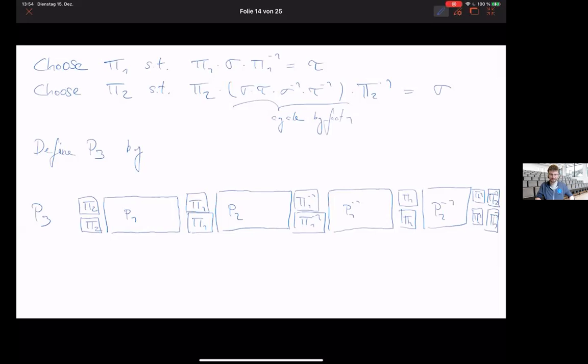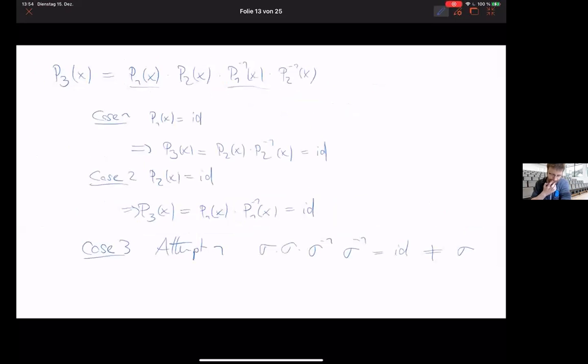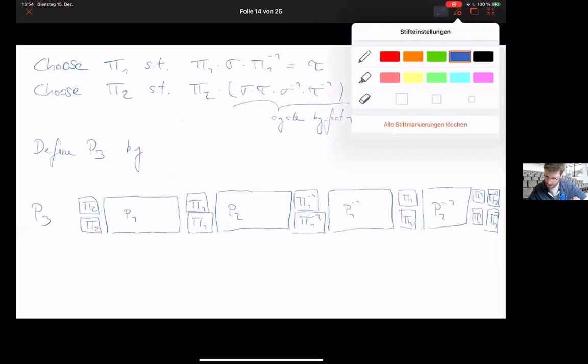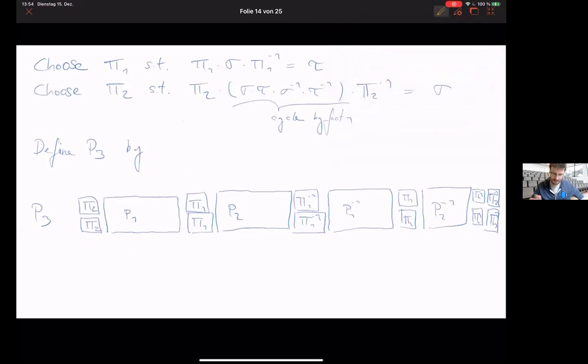Good. And now we will see, as before, if I go back 2 slides, if P1 of x equals identity, then this is equal to identity as well. Now I have pi 2, and then this is identity, exactly.